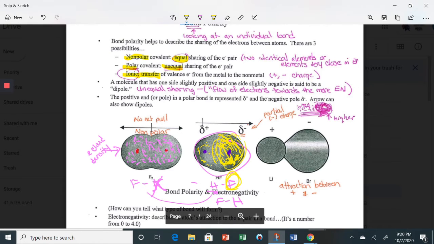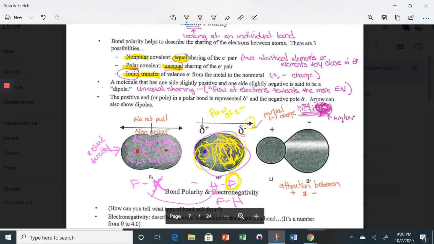The nucleus here will pull on the electrons that are around this hydrogen more, and it will pull them in, and they'll want to hang around the fluorine more, and you have a flow of electrons. Okay, so we call this a flow of electrons. We call it a net flow. In this case, it goes towards the fluorine, hence the arrowhead pointing towards the fluorine.